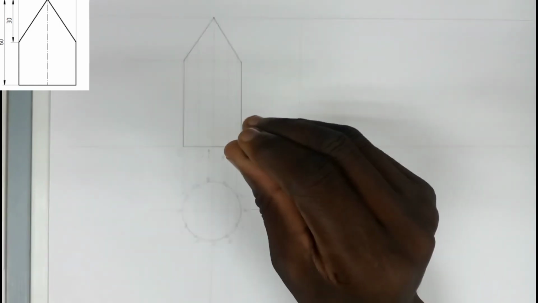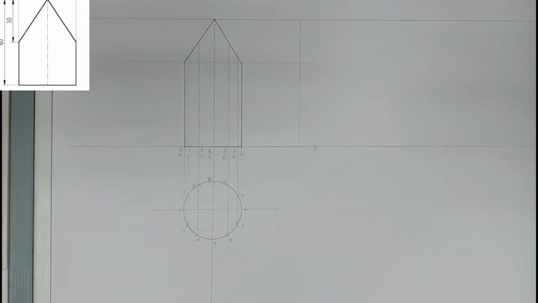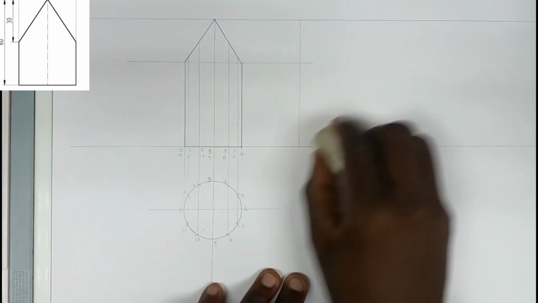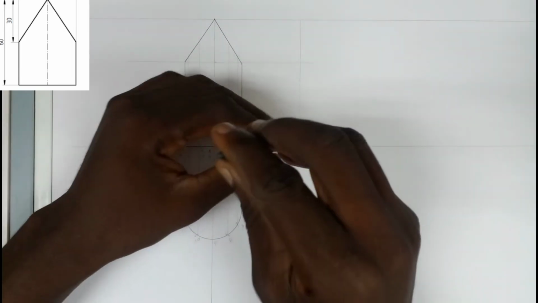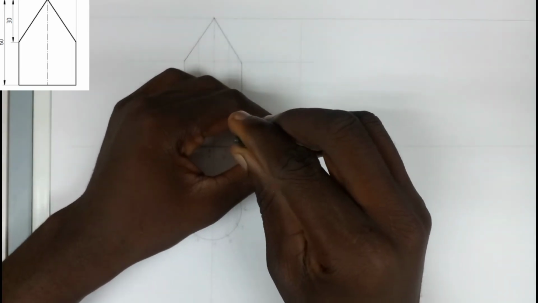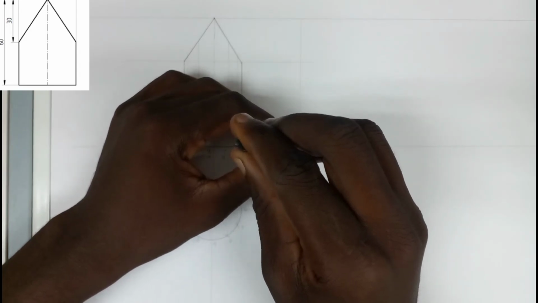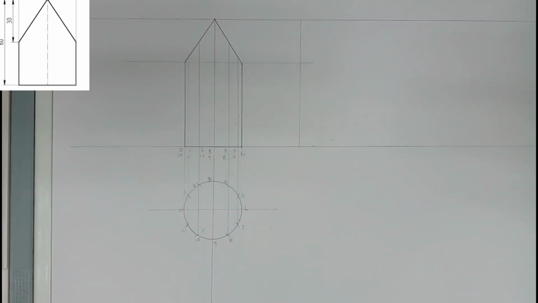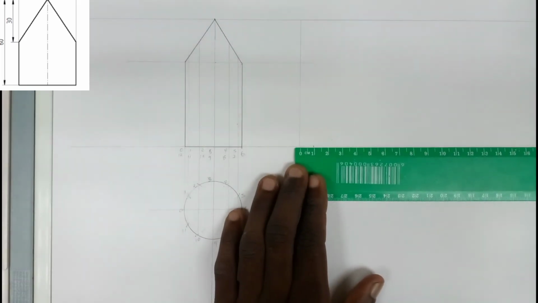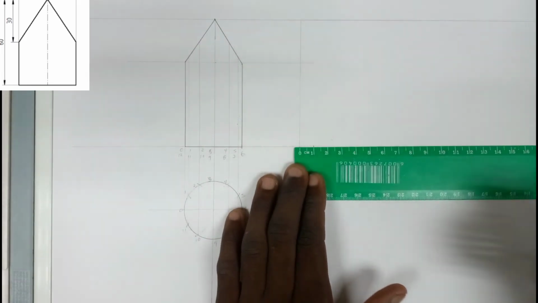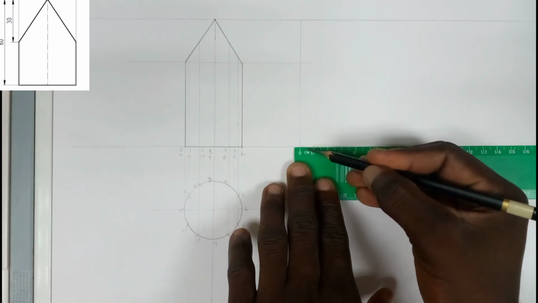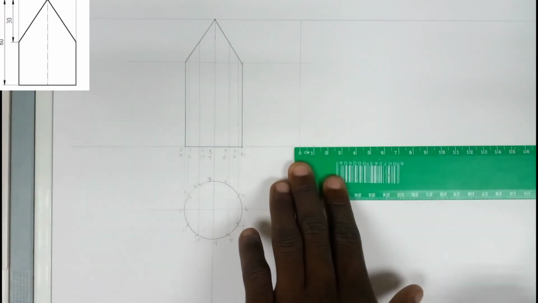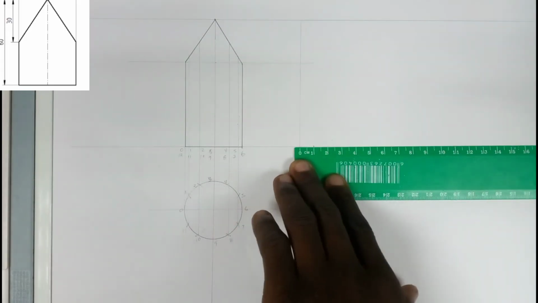I'll come here and strike an arc up to 12. Now I know that this distance is 10, so instead of using a compass, I can just use a ruler.